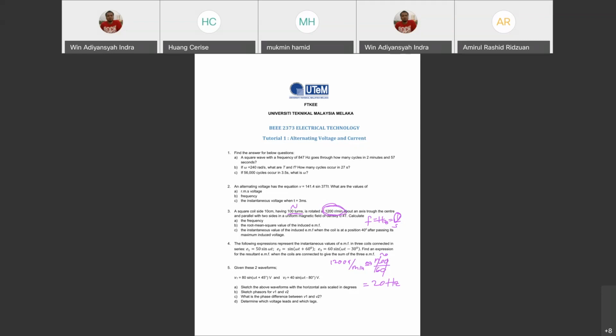Now B, the root mean square value of the induced EMF. If you check the slide, the formula for EM, if I'm not mistaken, is 2 pi capital B, capital N, A, small n.